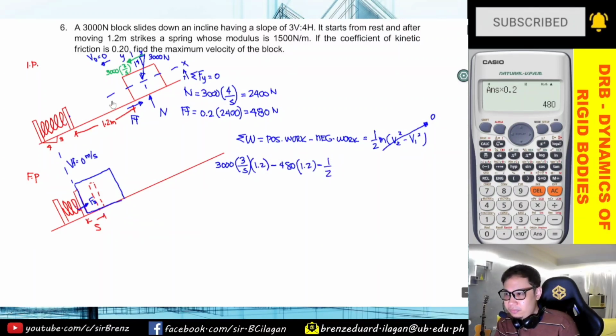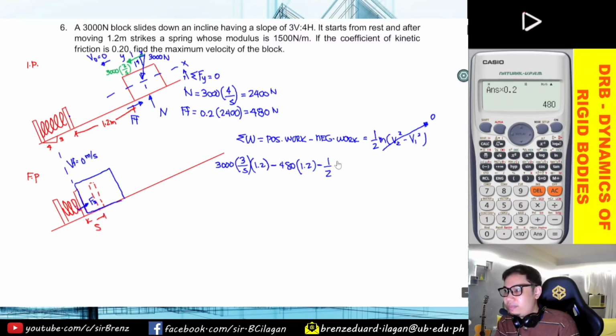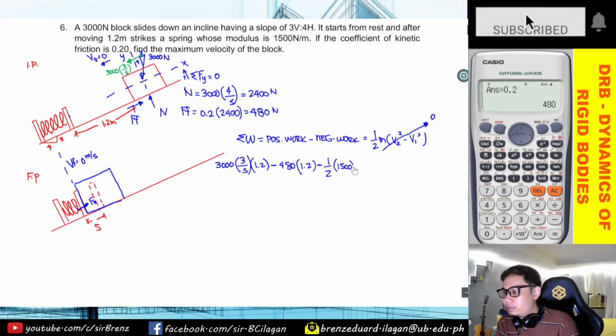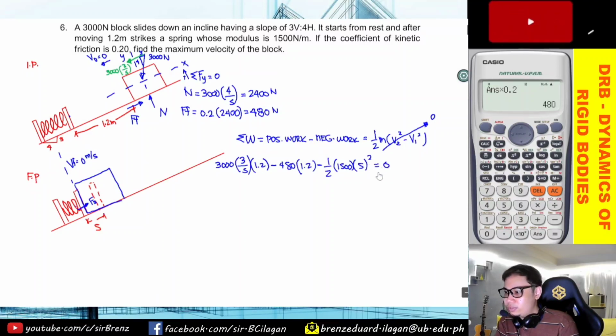So, minus, again, anong ba yung equation natin? 1/2 of K, where yung K nga is the spring constant na 1,500, times x. So yung x mo, or yung dinisplace ng spring na S, which is the unknown, squared. So equals to 0. So with that, mahahanap natin yung value ng S mo.